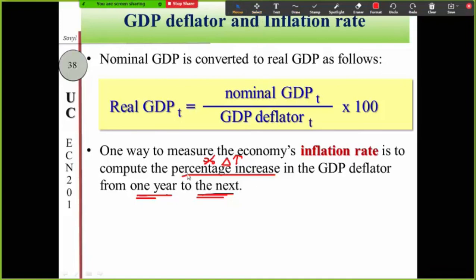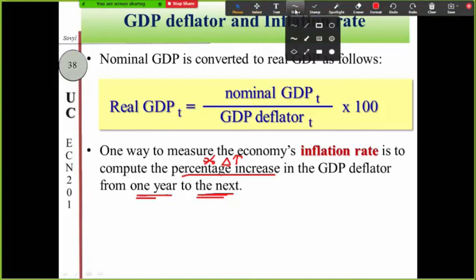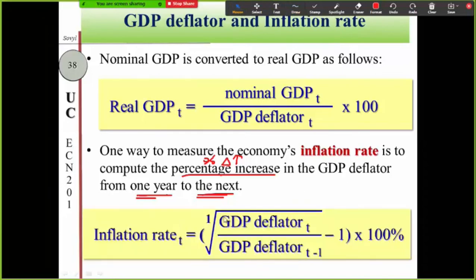So how to find percentage change? Percentage change means growth rate. So how to find growth rate? This is to find growth rate: the growth rate of GDP deflator from year T minus 1 to year T.